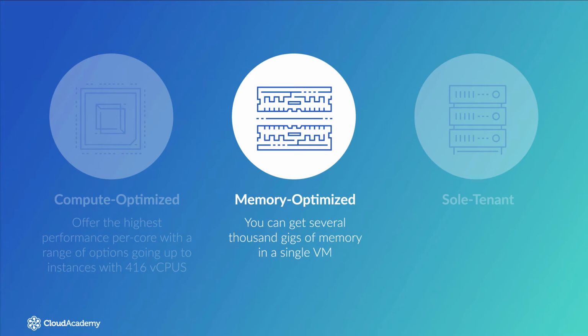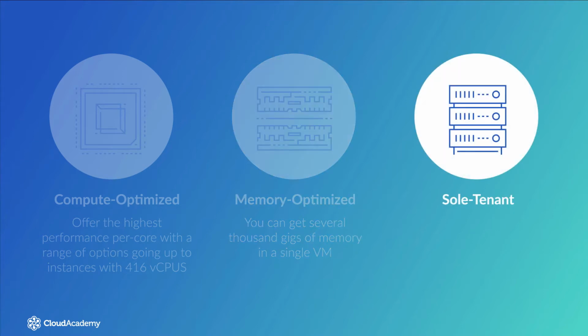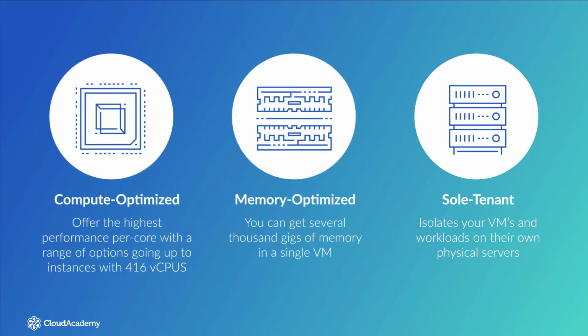You can get up to several thousand gigs of memory in a single VM if needed. And then finally, there are sole tenant offerings that isolate your VMs and workloads on their own physical servers.